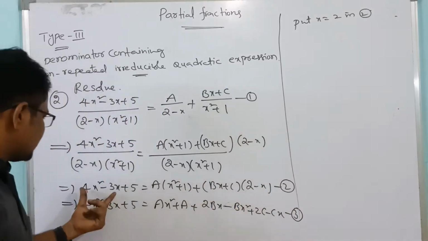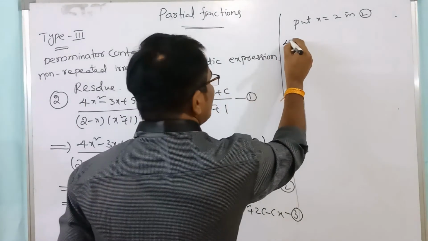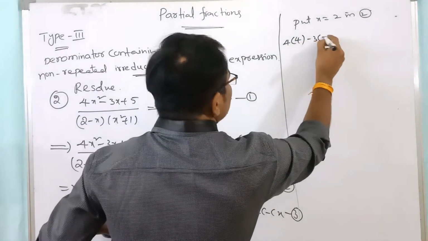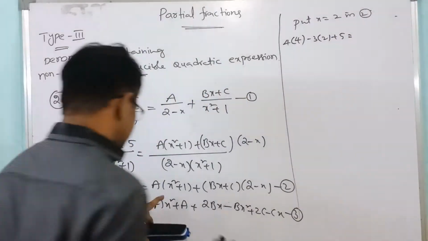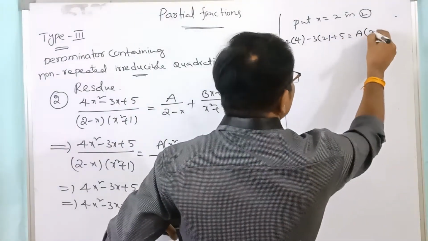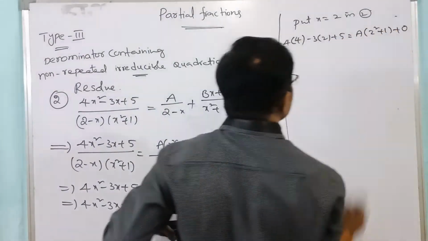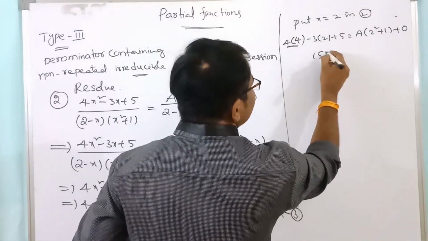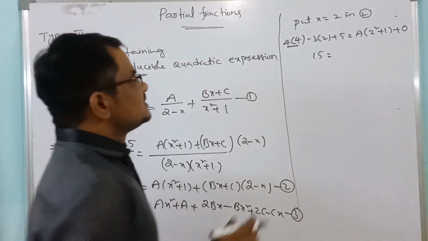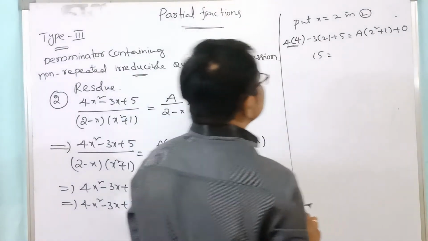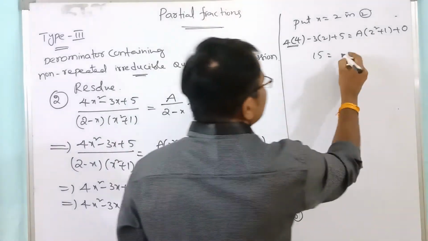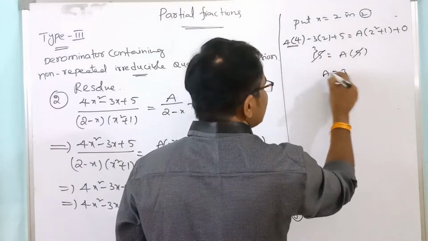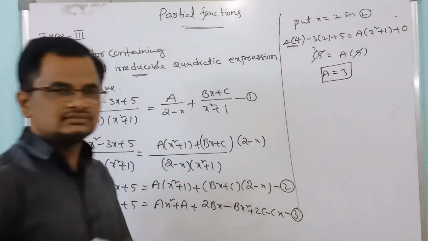Left side, 4 into 2 square is 16, minus 3 into 2, plus 5, equals a into (2 square plus 1), this term is 0. Now 16 minus 6 plus 5 is 15. Next here a into 5, so a equals 3, the 5s get cancelled. Right, one value you got.